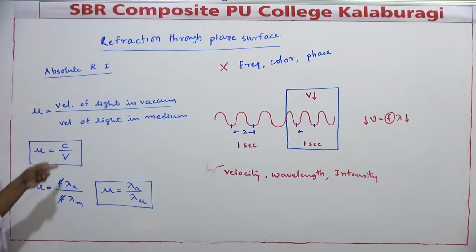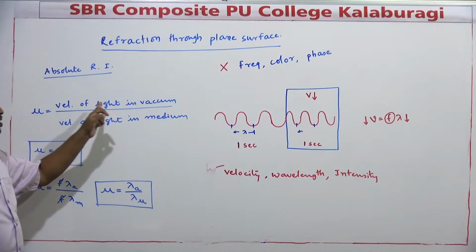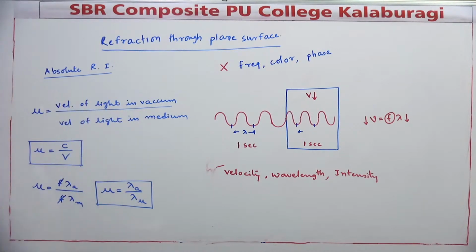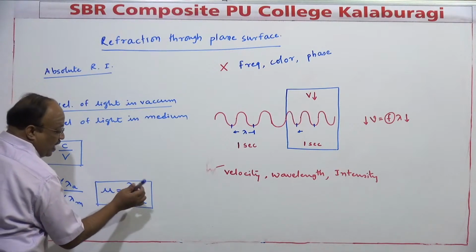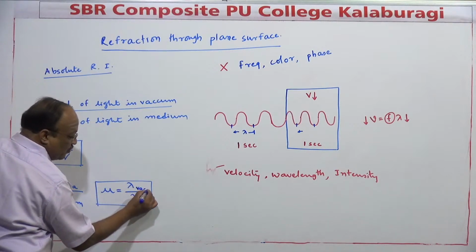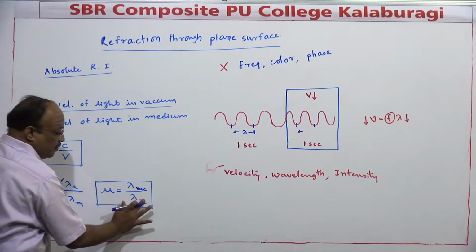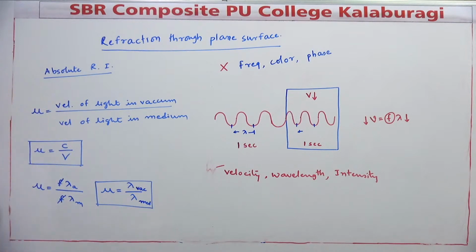Absolute refractive index is either the velocity of light in vacuum to the velocity of light in the medium, or the wavelength in vacuum to the wavelength in the medium.